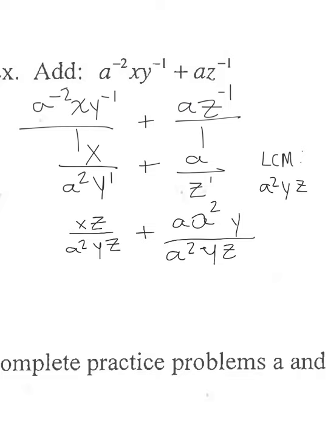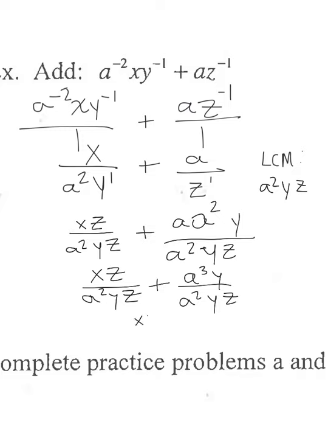One last thing I'm going to do is recognize that a times a to the second is actually a to the third. So we have a to the third y over a squared yz. And I'll add that to my other expression here. And now I have two rational expressions with a common denominator, so I can add the numerators on top.